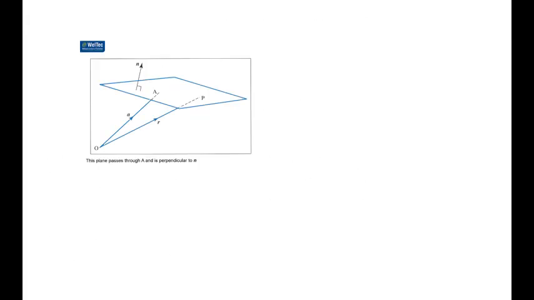To find the equation of a plane, we use the fact that the line joining any two points in the plane is perpendicular to the normal to the plane. So look at the diagram. The vector n is perpendicular to the plane, and A is the position vector of any given point A in the plane, and R is the position vector of any point P in the plane.